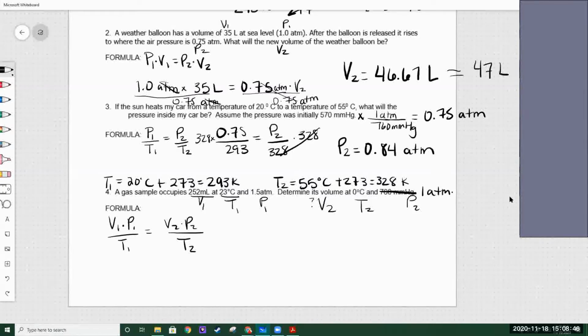So anytime you have milliliters, divide by 1,000 to get liters. So that would be 0.252. For my initial volume, I would have 0.252 liters. My initial pressure would be 1.5 atmospheres. And then for my temperature, it'd be 23 plus 273, which is 296.